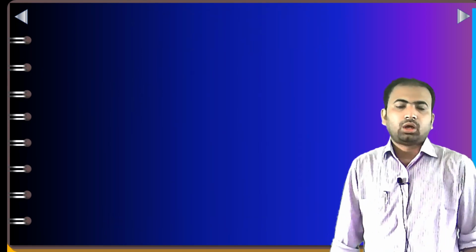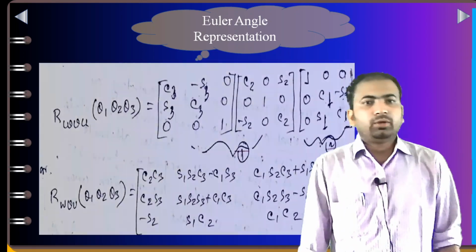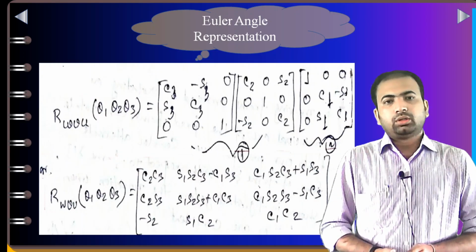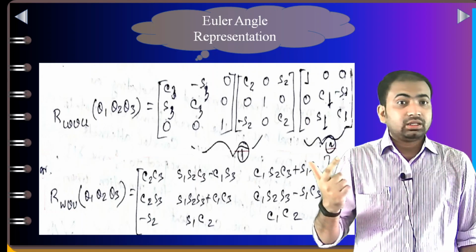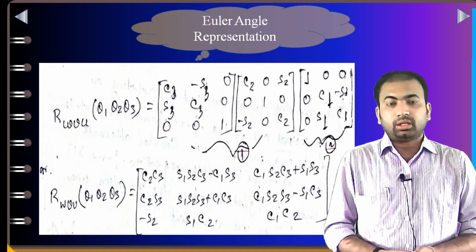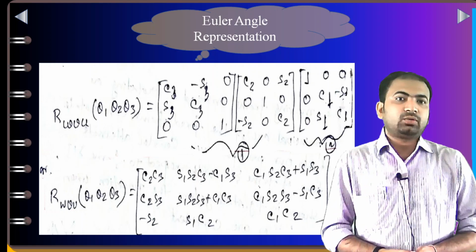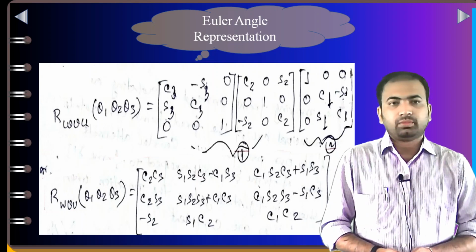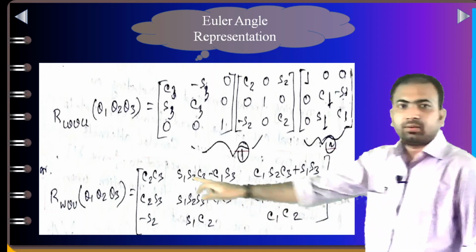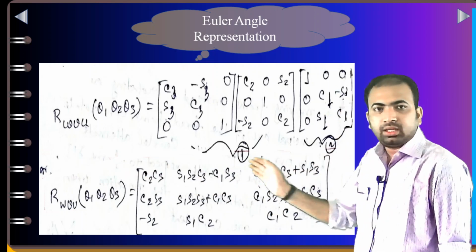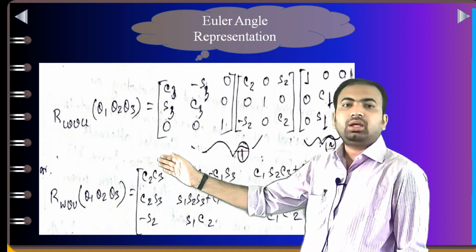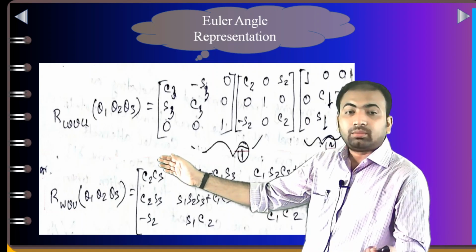Now next, moving forward, if we find out the value of RU, U was rotated, U means x axis, that was rotated by angle theta 3. So as I always said, first whatever we did will come here, then the next will come here, and the next will come here. That's the reason why this theta 3 term has come here.